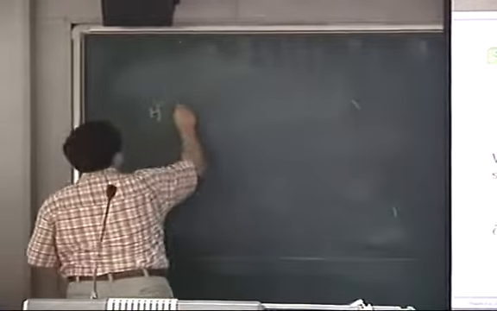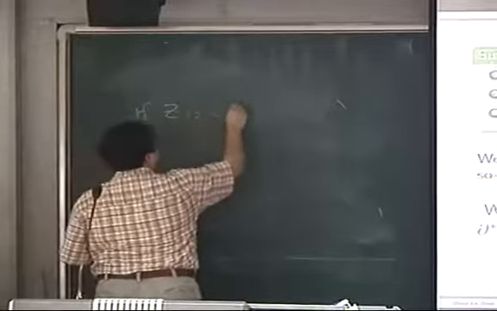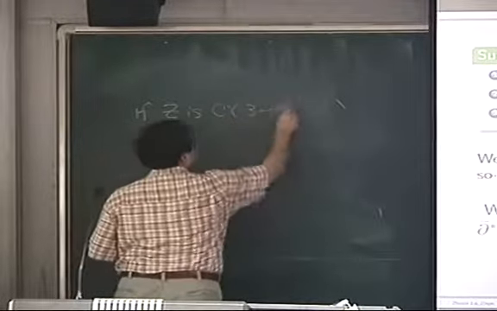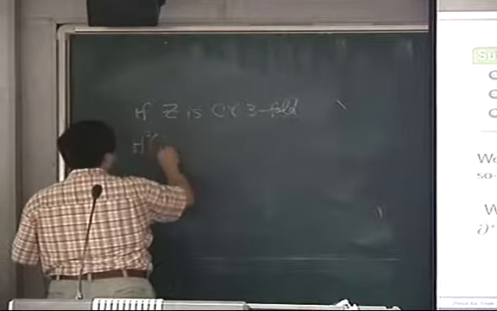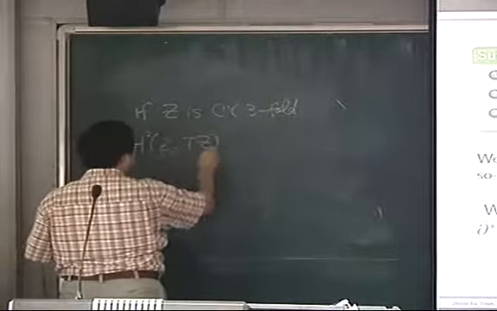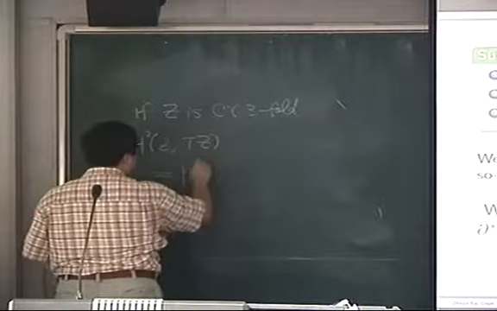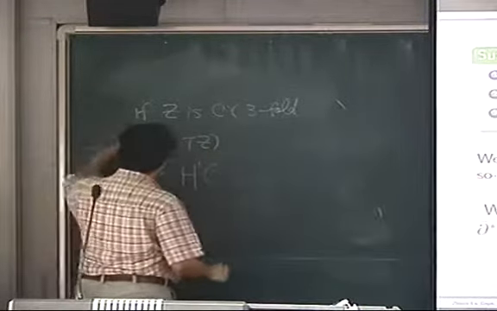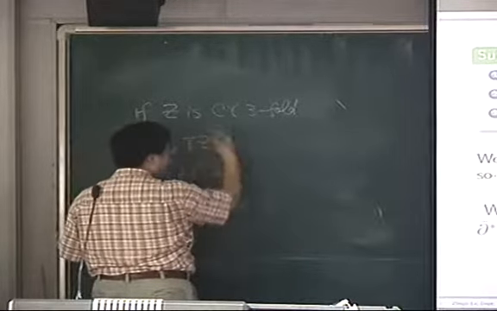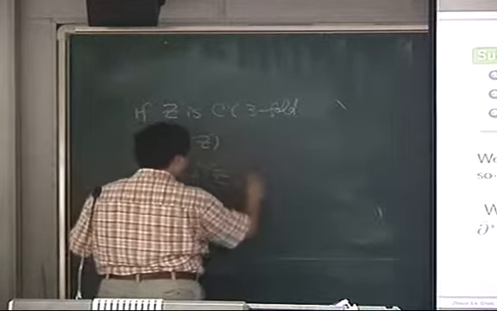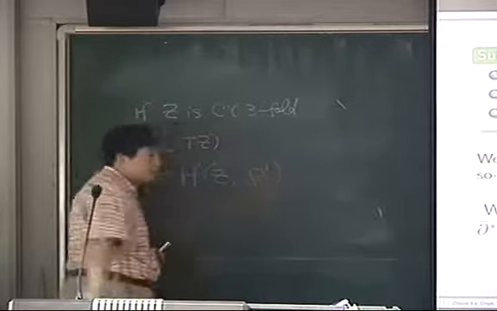So if Z is a Calabi-Yau threefold, then H^2(Z, T_Z) by Serre duality would be equal to H^1, because 3 minus 2 is 1. The canonical bundle is trivial, and we dualize it, we get this.